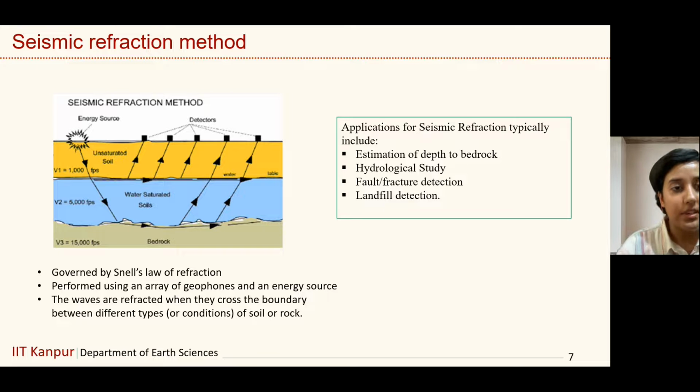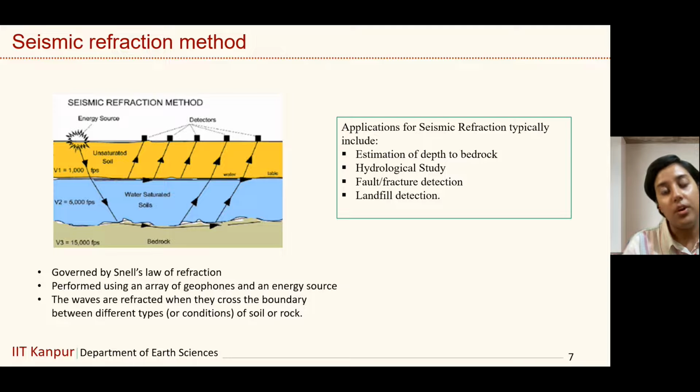So here you can see that when we inject the seismic energy using the active source, this orange is the upper layer and the below one is the blue layer. Here you can see the velocity difference.